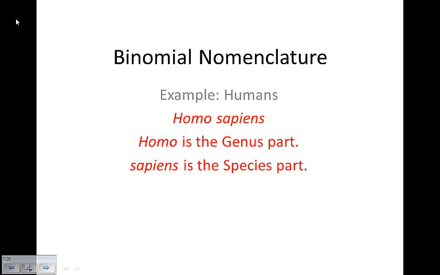Also, we use Latin in naming because Latin is considered a dead language. That means it's not going to change. Think about how much our language has changed over the years. Just think of the word bad. Bad used to mean bad, like it was yucky.